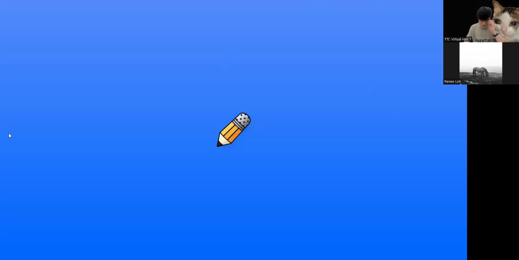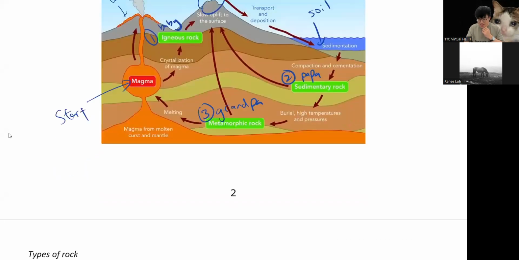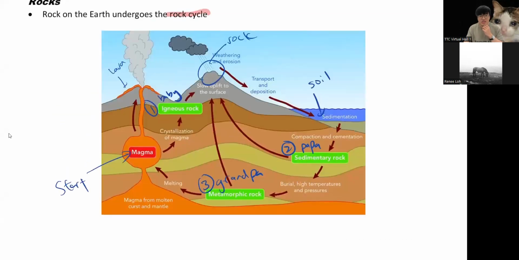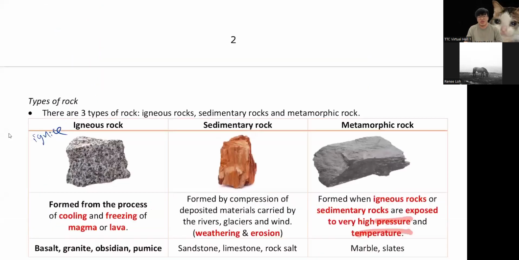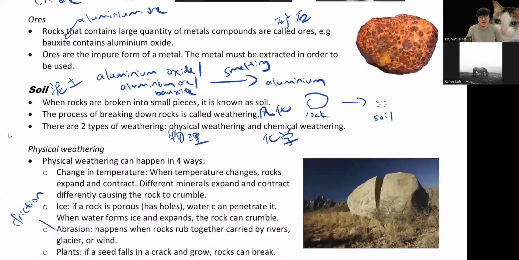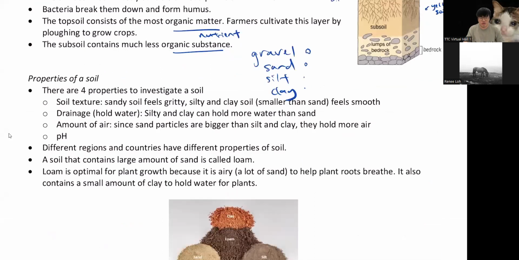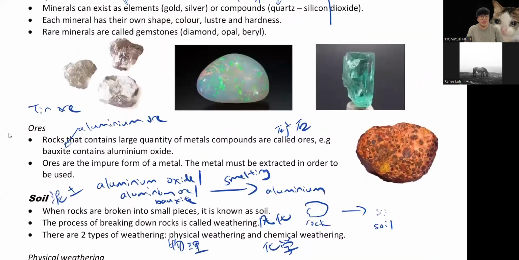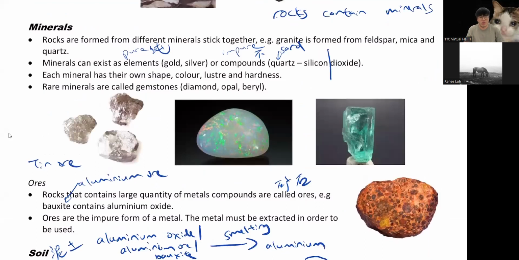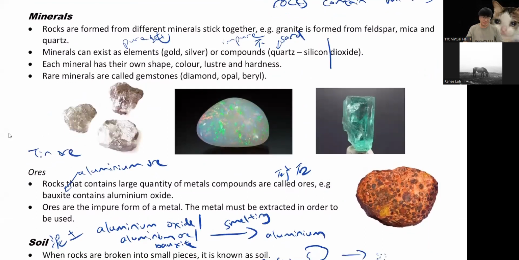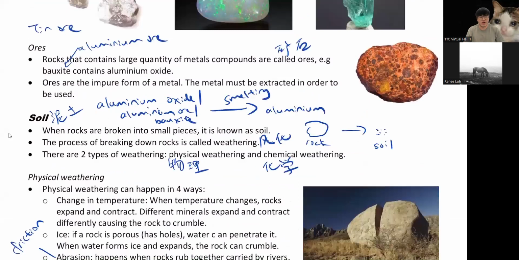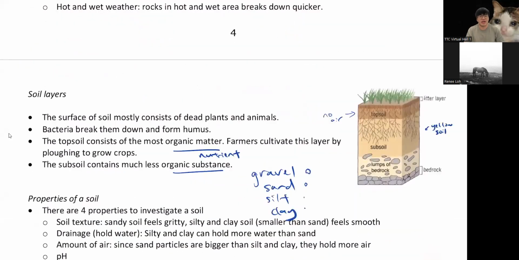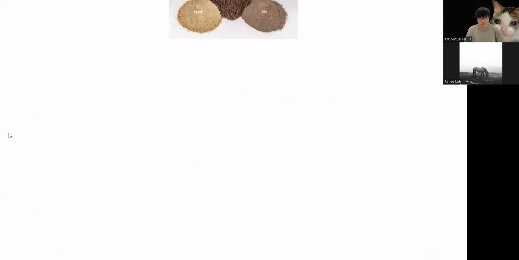All right, where were we? I think we stopped around chapter 8 here. Our rocks, I think we finished this already, and we finished our soil. Mineral and soil, this mineral part we have our ore and gemstone, and of course we have our soil and the properties of soil.